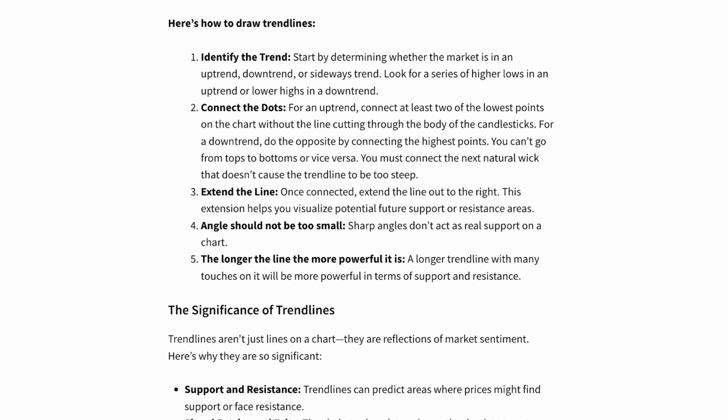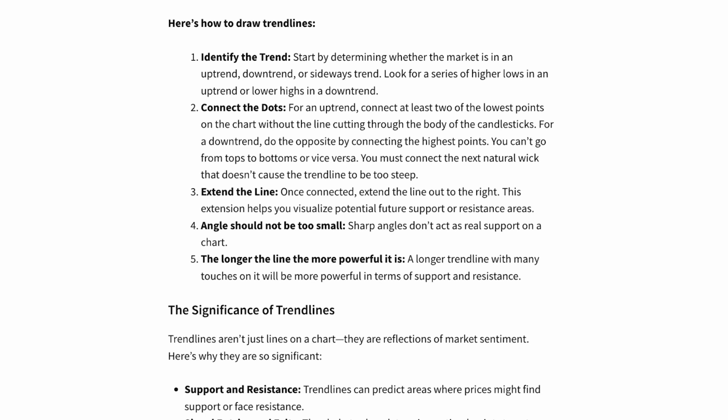And then we would want to extend the line out if we were looking at a live chart. And we want to keep in mind that you don't want your angle to be too small. So sharp angles don't really act as a real indication of support. So again, you just need to use some common sense and do some practicing and look at more examples to understand when an angle of a trend line is just simply too steep and it's just not going to be useful for any type of analysis.